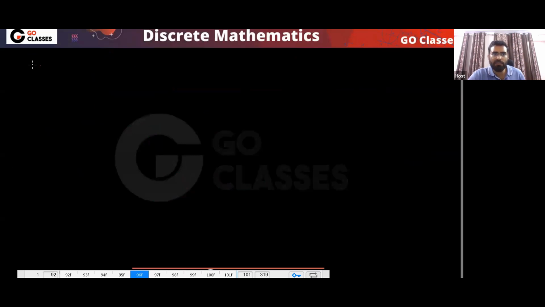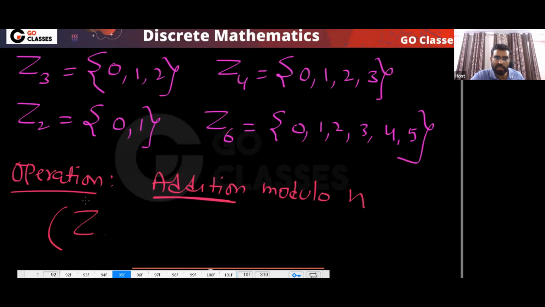For example, let's assume Z4, and the operation is addition modulo n, where n is 4. So this is the structure, remember. You have Zn, which is the set of all remainders possible when you divide by n, meaning 0 to n minus 1.